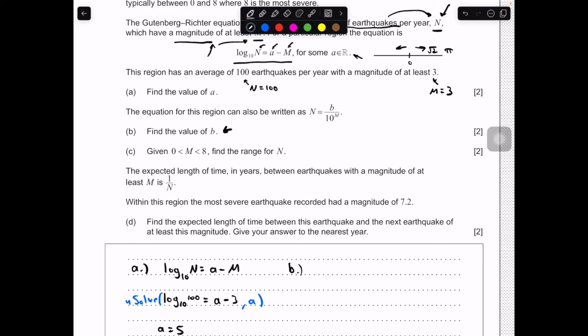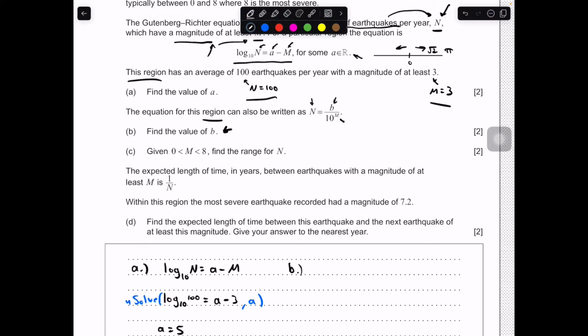So this is still for this given region, this unidentified region, but we're still within that region. And we know that n is equal to 100 and m is equal to 3. So once again, n, m, and b, 3 variables, but we do know n and m. We know 2 out of the 3. So again, we can solve in this case.